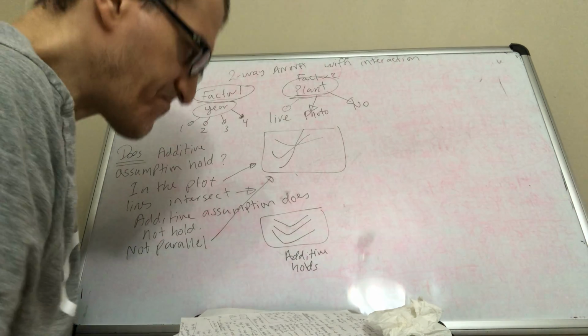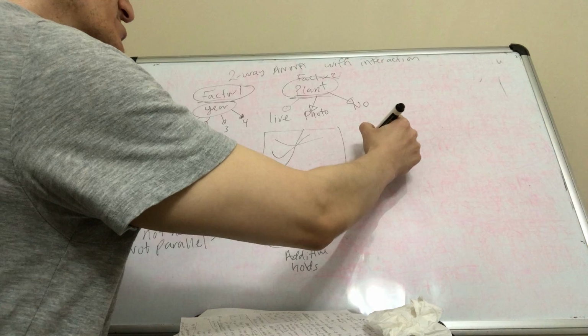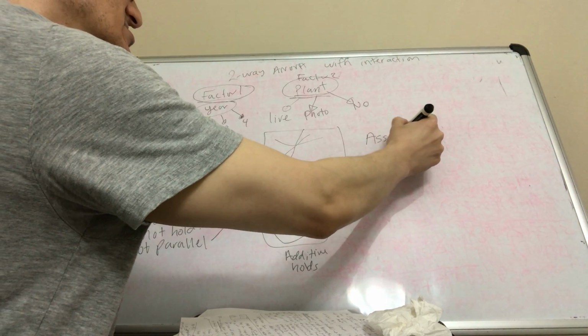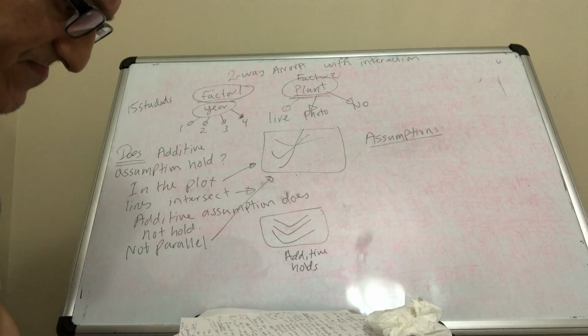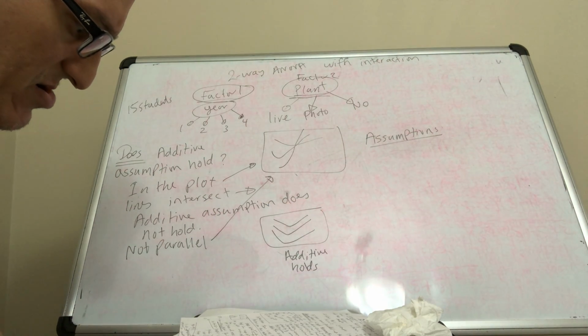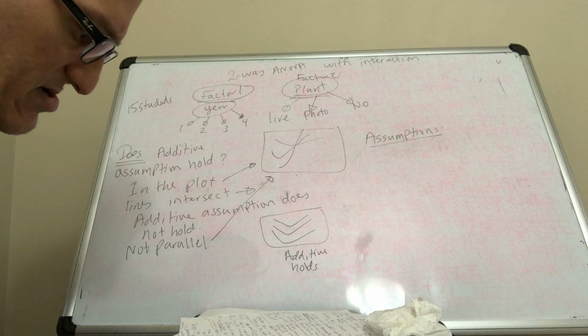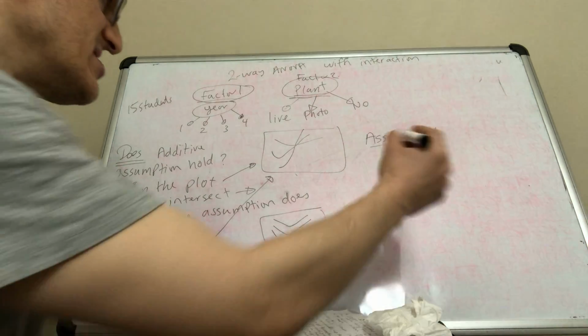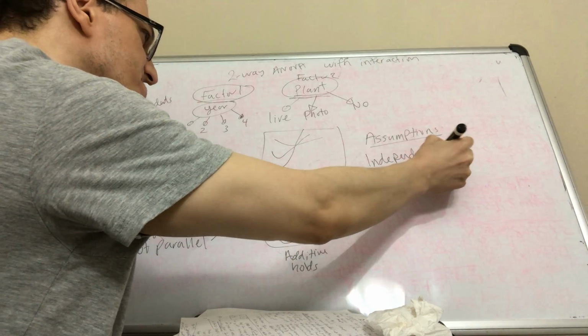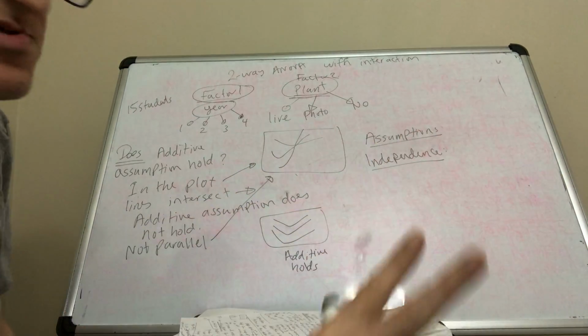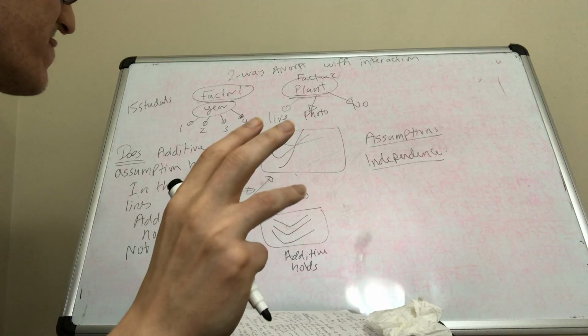Now, they also wanted to discuss the assumptions. One of the assumptions, the independence, and there are 2 levels of the independence.